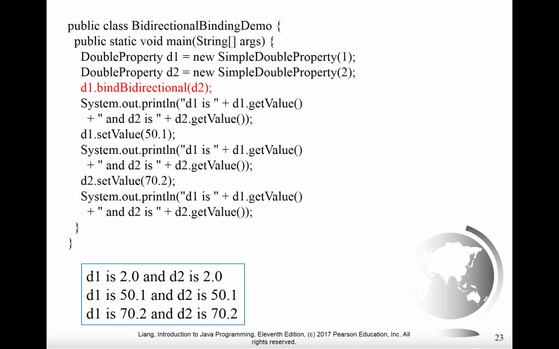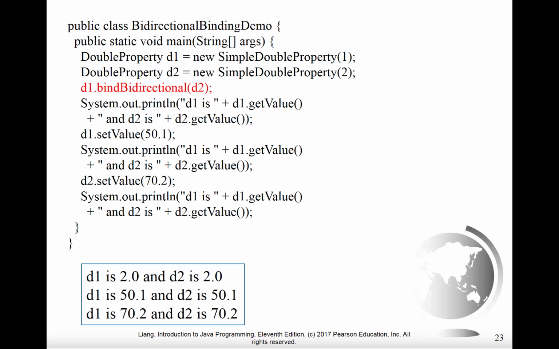And that makes all the difference in the world now, because now if we change D1 or if we change D2, then both D1 and D2 change to match the latest update that was made. The code illustrates that down below then. We start by setting D1 and D2 each of them to 1 and 2 respectively.